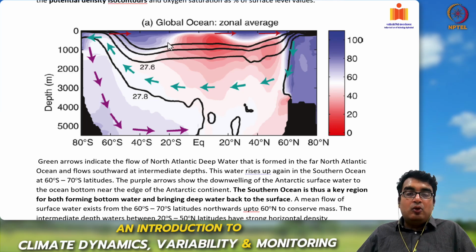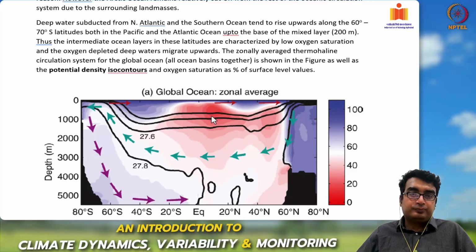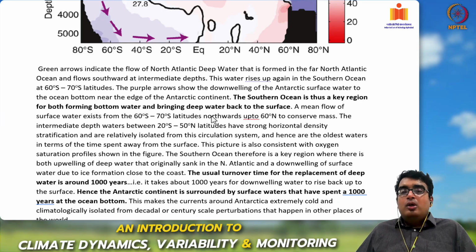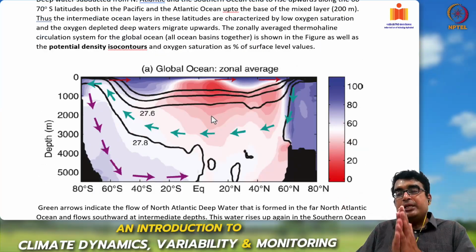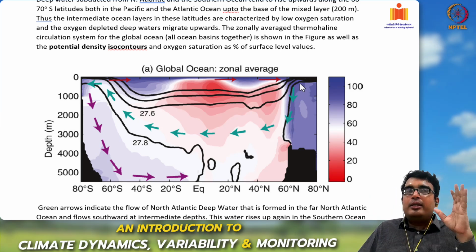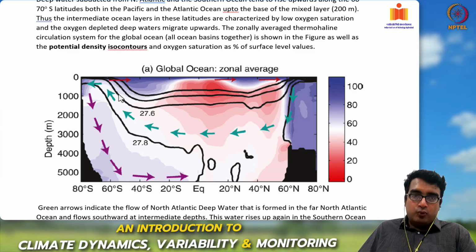So these are lower density, these are higher density, and this is the oxygen saturation content as well. There are two regions of very large importance when it comes to deep ocean circulation: the North Atlantic region, where most of the deep waters originate, and the Southern Ocean region from 60 degrees south onwards.